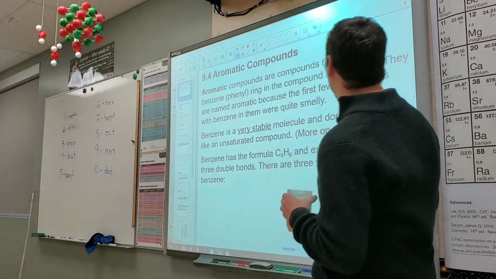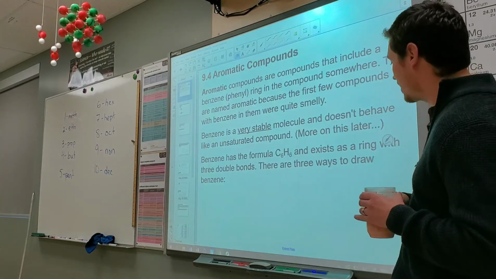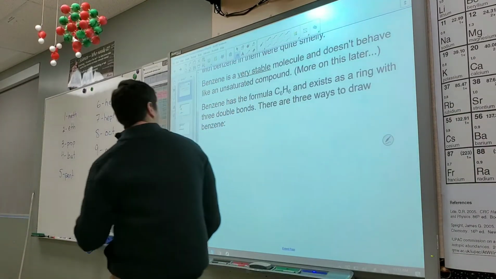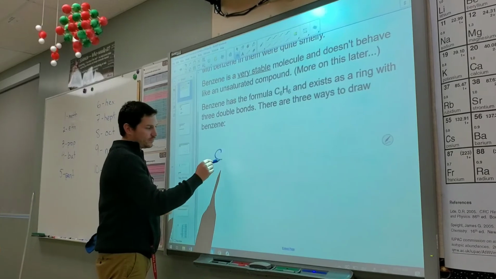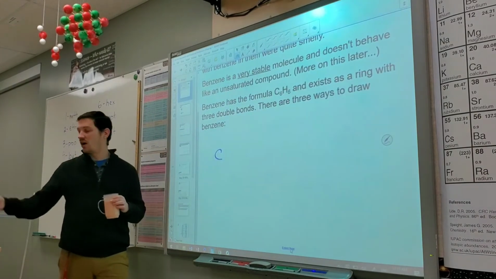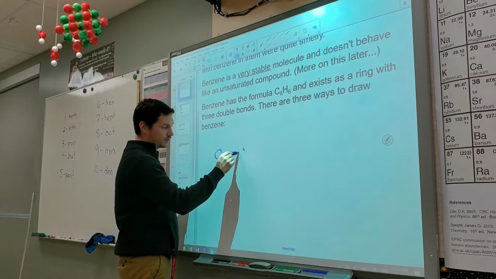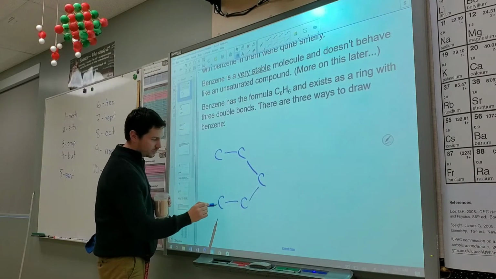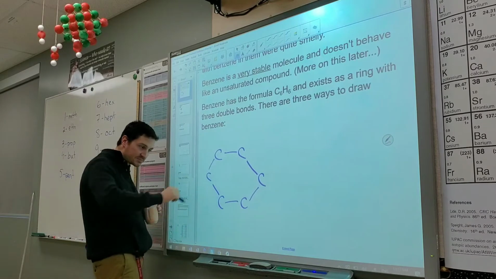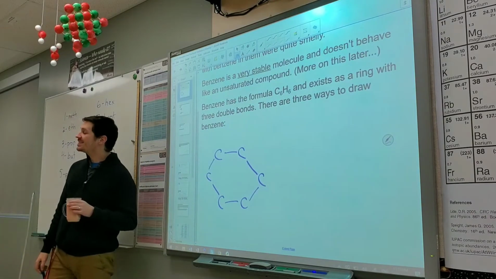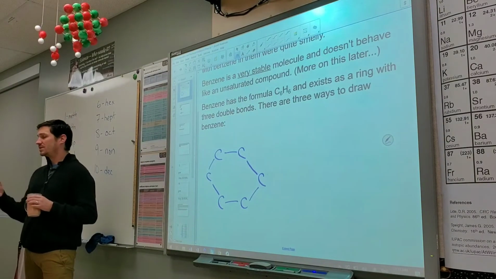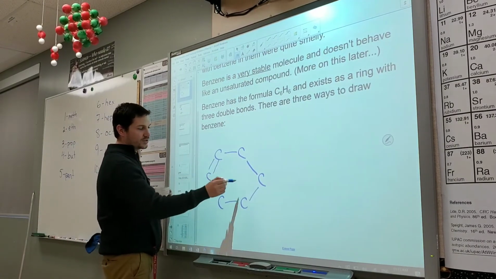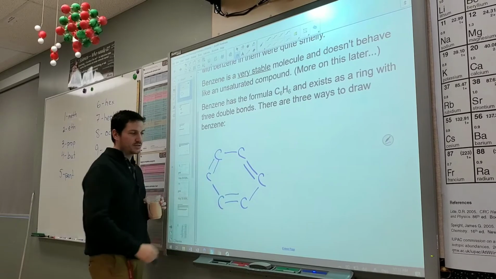Benzene is a very stable molecule and doesn't behave like an unsaturated compound. That's interesting. Let's look at benzene. Benzene is a 6-carbon ring. But it's got 3 double bonds inside of it, so they're alternating double bonds.